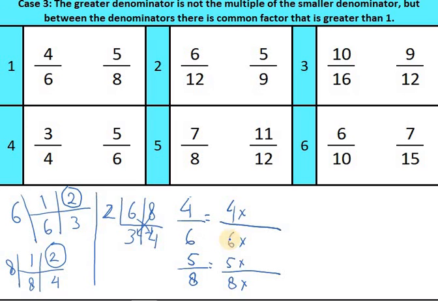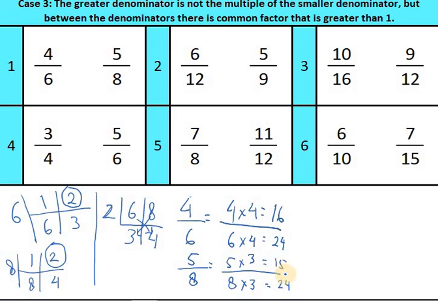When you multiply the denominator by 4, the numerator must be multiplied too. So we have 16 out of 24. Then 5 out of 8: the 8 multiplies with 3, and this side also with 3. So we have 24, and this is 15.